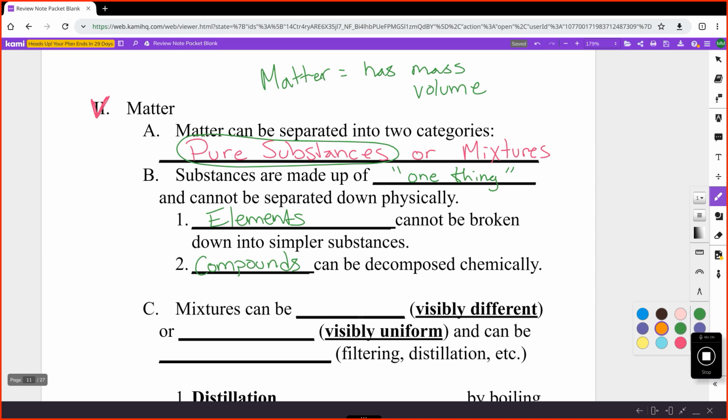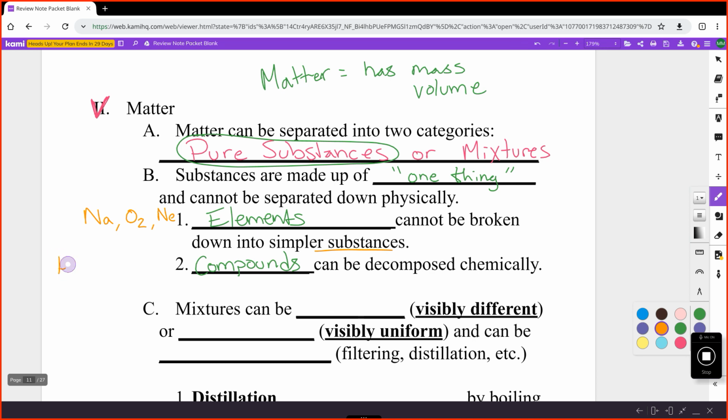So elements could be examples of sodium, oxygen gas, even neon gas, right? Anything that is one element can be shown as a pure substance. And you can't break them down into anything simpler. A compound, you can decompose chemically, right? So we could split apart a compound.